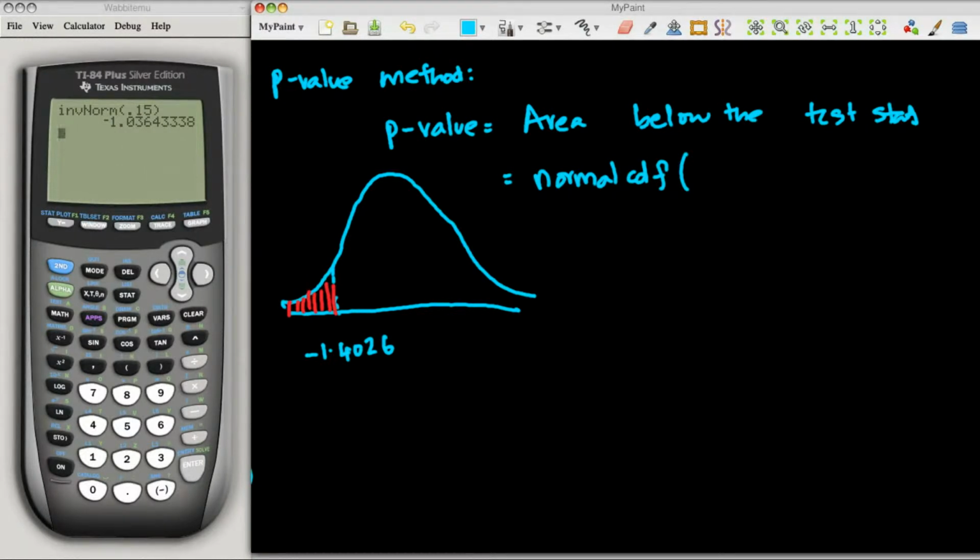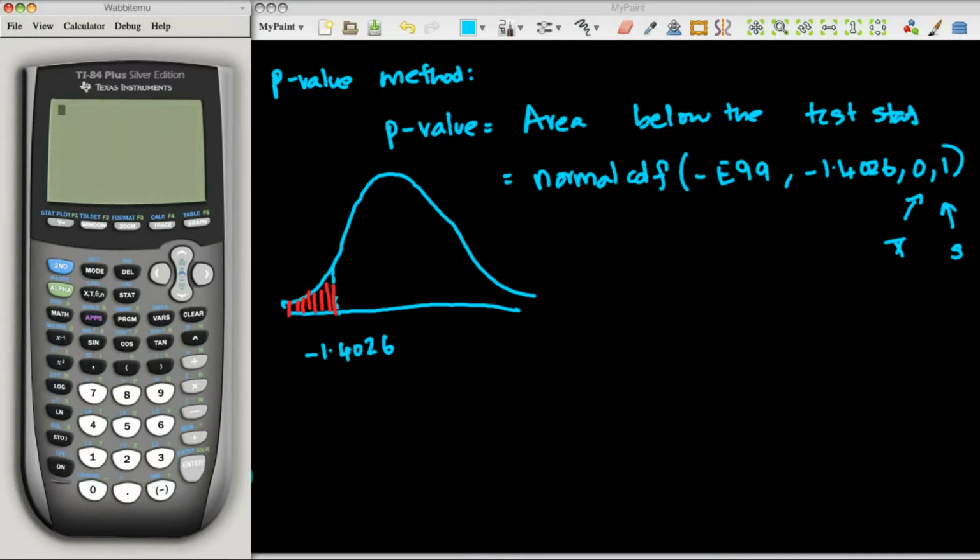It is the area below, so you start at negative infinity, which is the smaller number compared to negative 1.4026, and 0 and 1. You may or may not specify the mean and standard deviation in this case. If you don't specify the mean and standard deviation, the calculator would assume that the mean is 0 and the standard deviation is 1.